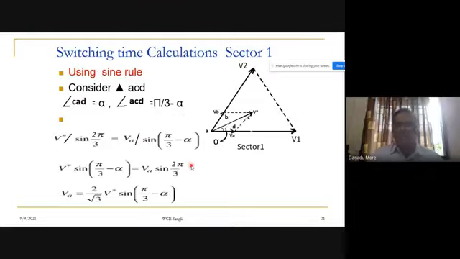Now we apply the sine rule for this particular triangle, ACD.